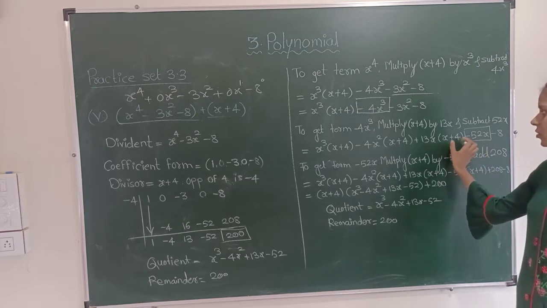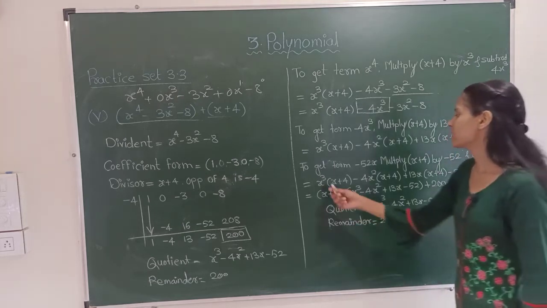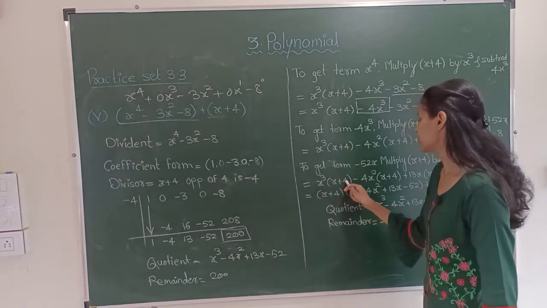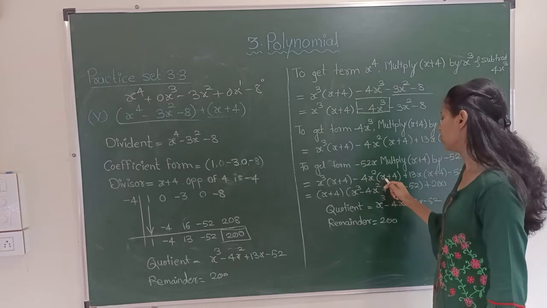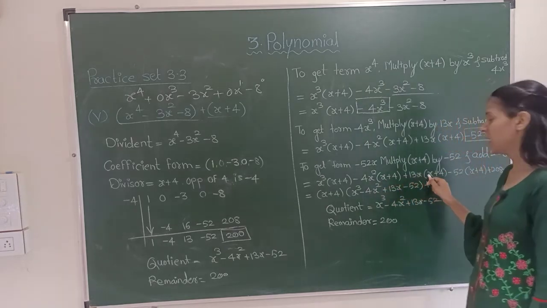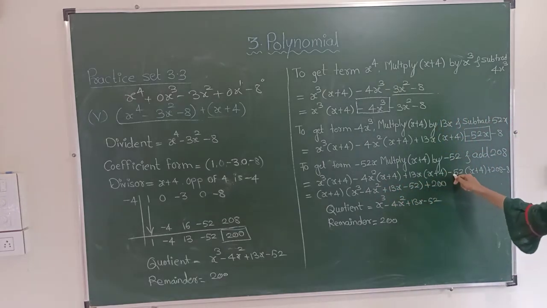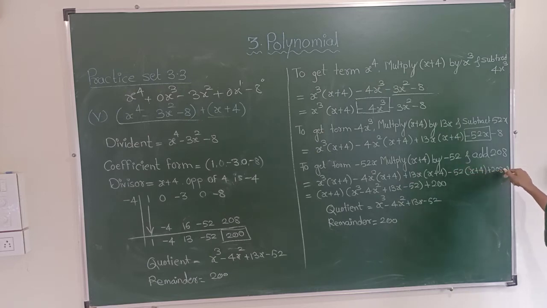We will copy up to this term as it is. So x raised to 3 into x plus 4, minus 4x raised to 2 into x plus 4, plus 13x into x plus 4. Now we will multiply x plus 4 by minus 52 and we will add 208, and this minus 8 as it is.